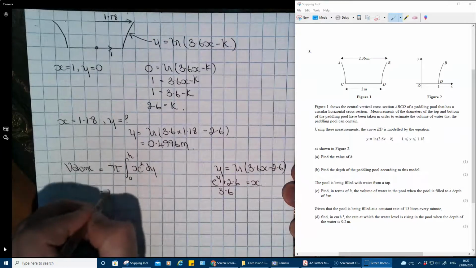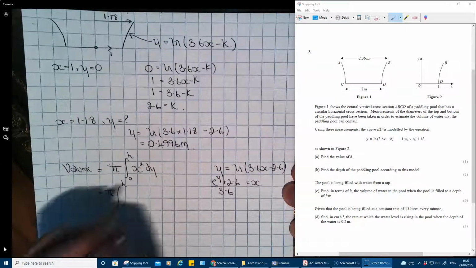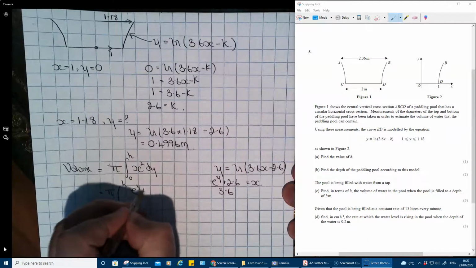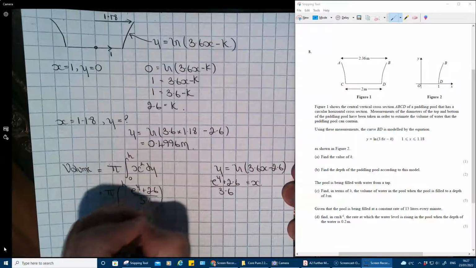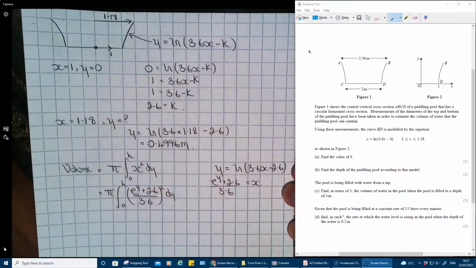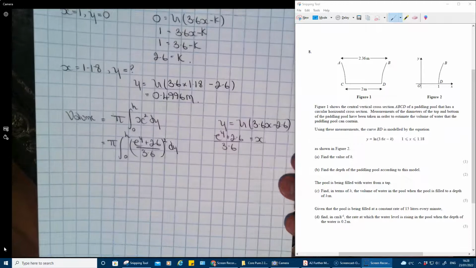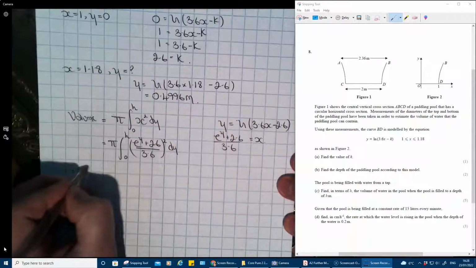Okay, so we can use that here. It equals pi times the integral of (e to the y plus 2.6, over 3.6) squared dy. We'll expand that out and take the 3.6 squared out the front.